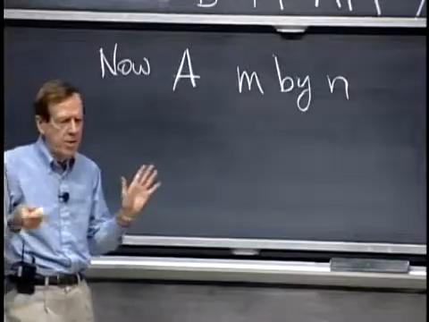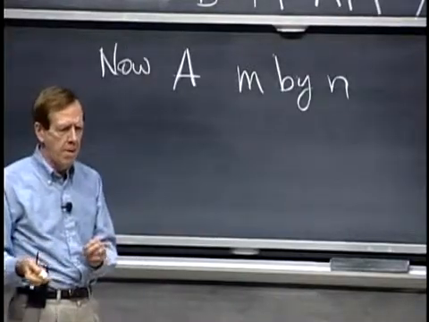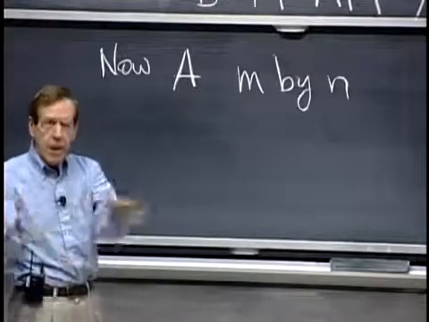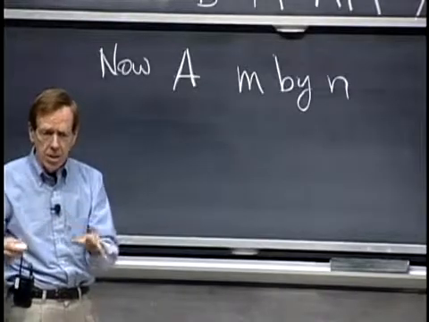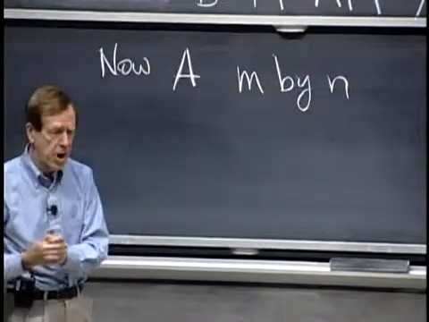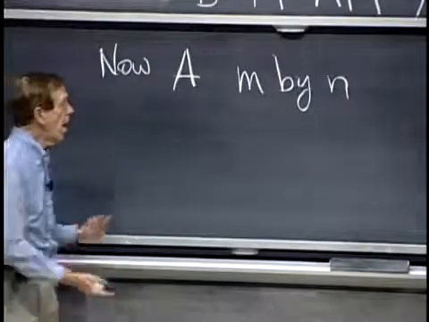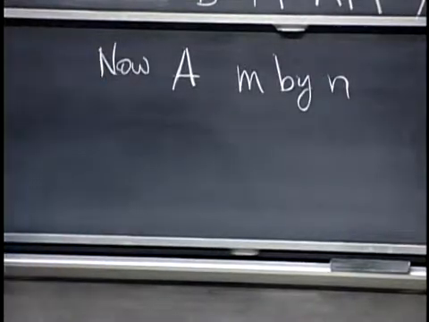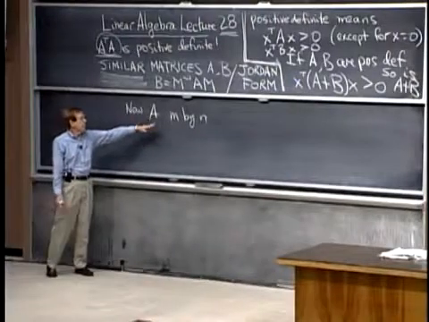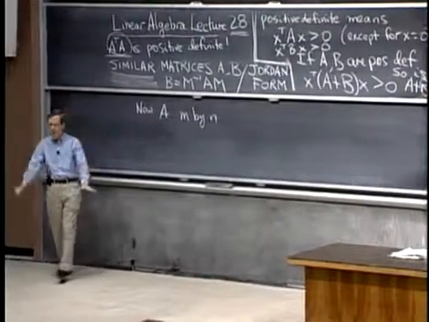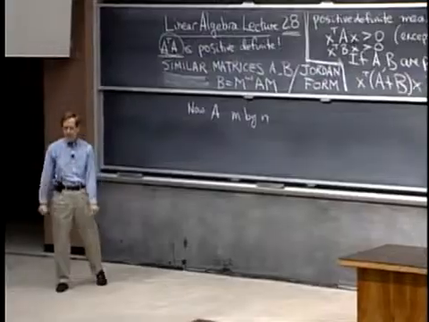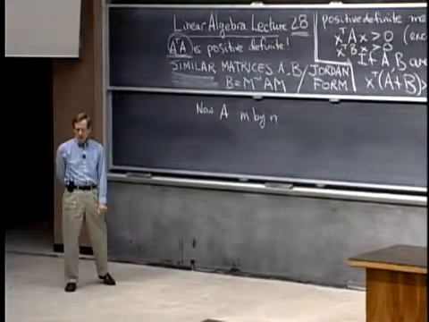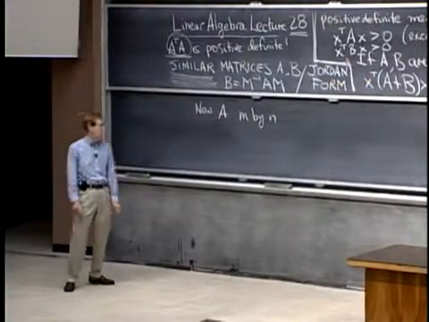I'm sorry that I've used the same letter A for the positive definite matrices and the eigenvalue chapter that I used way back in earlier chapters when the matrix was rectangular. Now, that matrix, a rectangular matrix, no way it's positive definite. It's not symmetric. It's not even square in general.